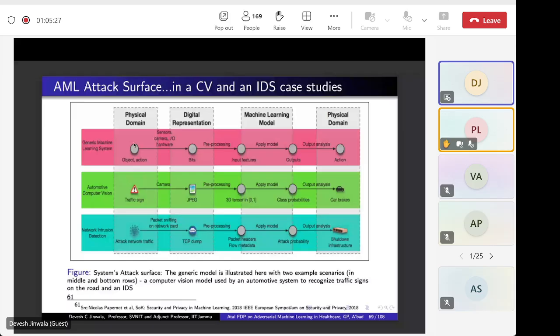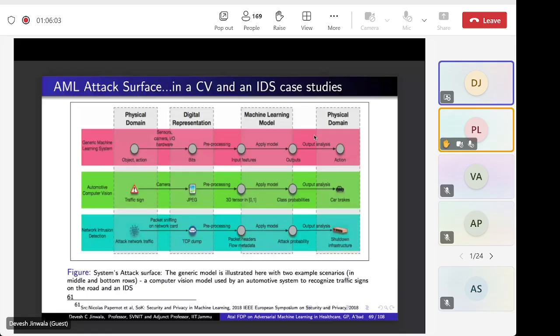I said this is a beautiful diagram because it shows, for a generic machine learning application, the operational components of that application. There is an object, there are some actions, there are sensors or camera or IO hardware converting them to bits, digitizing those, doing some pre-processing, noise removal, identifying features, applying those features with the model, and doing whatever the machine learning task is, classification or prediction or regression.